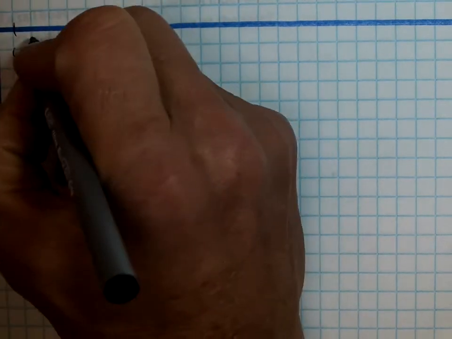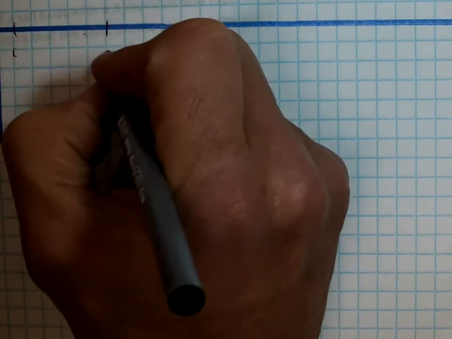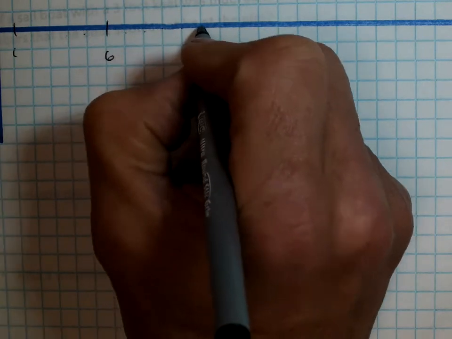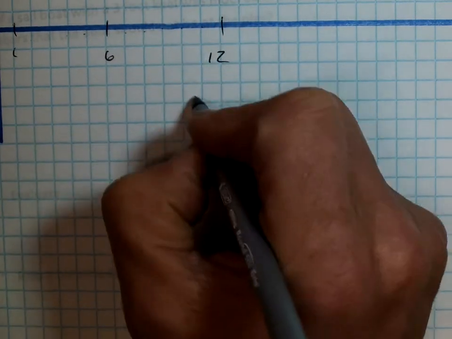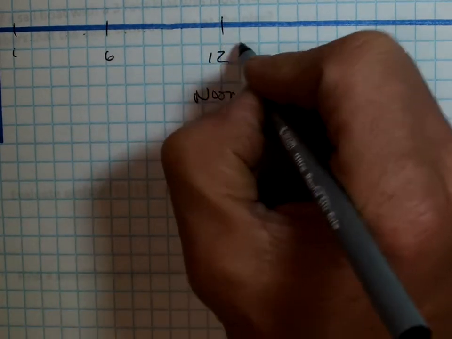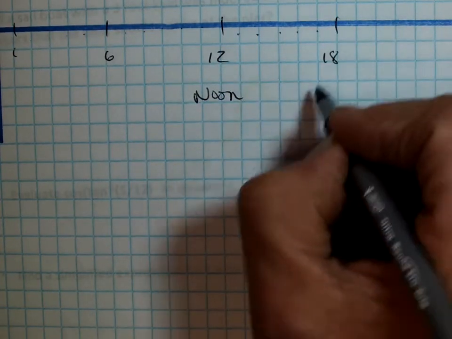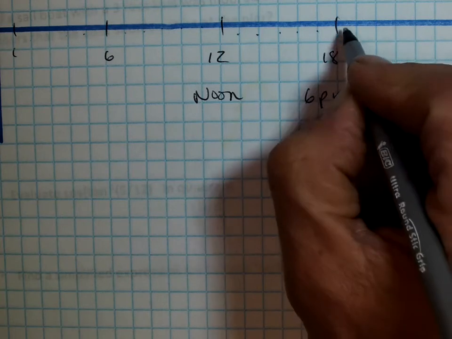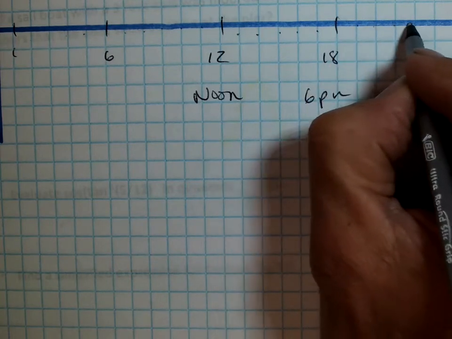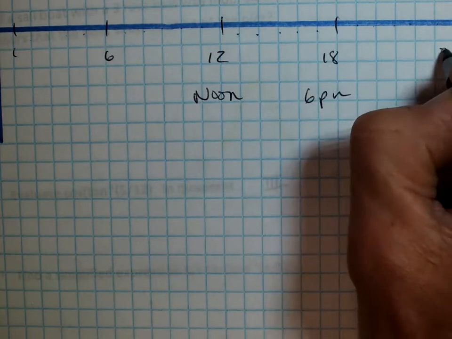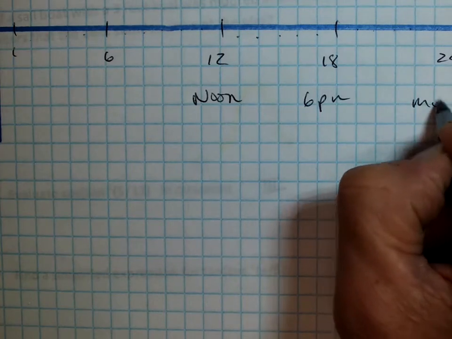Got 1, 2, 3, 4, 5, 6, 7, 8, 9, 10, 11, 12. There's noon. 13, 14, 15, 16, 17, 18. That's 6 p.m. 19, 20, 21, 22, 23, 24. There's midnight again. Okay? Next day, midnight.